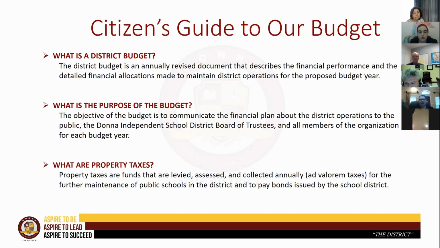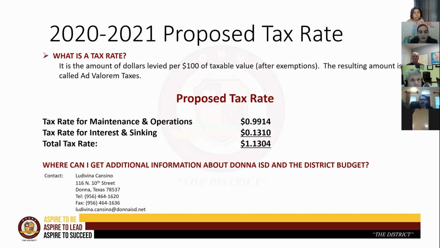So these are the three areas that I will be discussing. First, we'll go over the proposed tax rate for the 2021 school year. And a tax rate is the amount of dollars that we levy per every 100 of taxable value after any exemptions. The resulting amount is called an ad valorem tax.